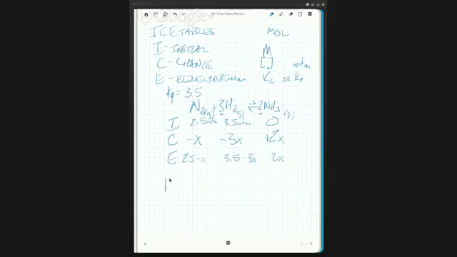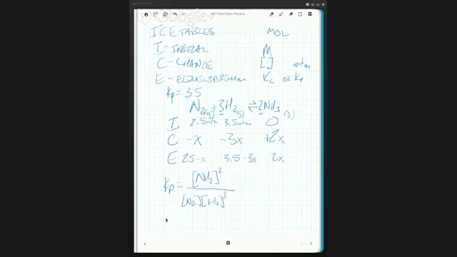Then you have a situation in which you have the products over reactants. So Kp is equal to NH3, and of course that's squared because that's the coefficient, divided by N2 times H2, and that's cubed.